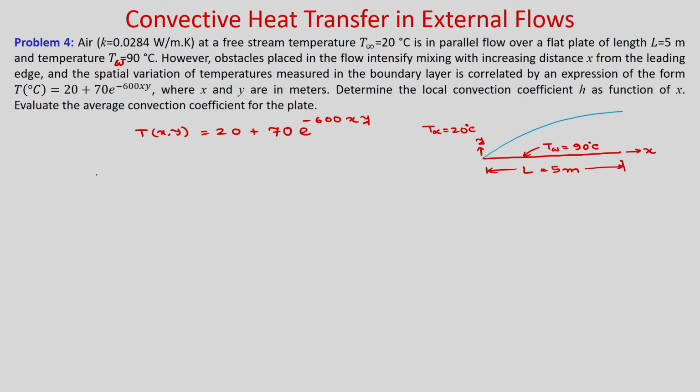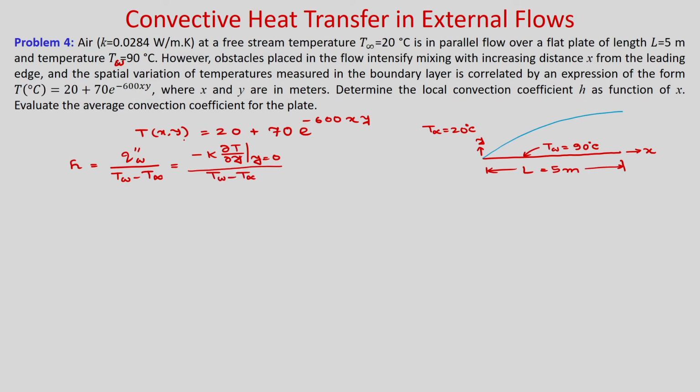Now, you first calculate the local heat transfer coefficient. So, H, you know, is the heat flux at the wall divided by T w minus T infinity. This local heat transfer coefficient is equal to Q w double prime, meaning heat flux at the wall, which is minus K del T by del y at y equal to 0, because at the wall, divided by T w minus T infinity.